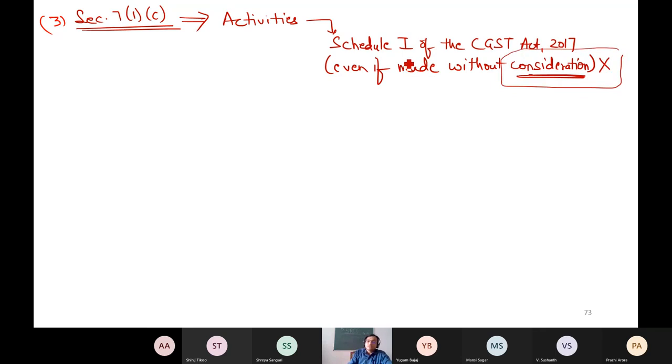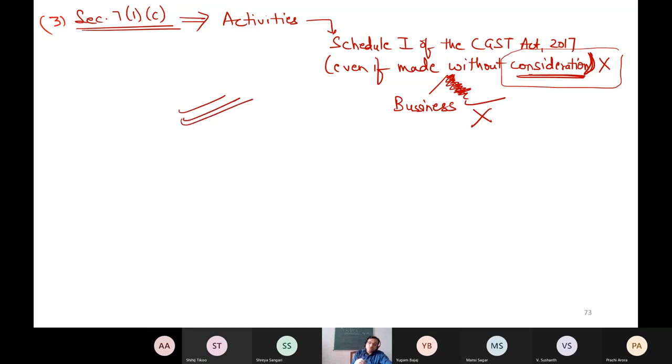Further, whether business is required or not, the Act doesn't tell me whether business is required or not required. It is also not mentioned in the Act. Then these things are also treated as supply.